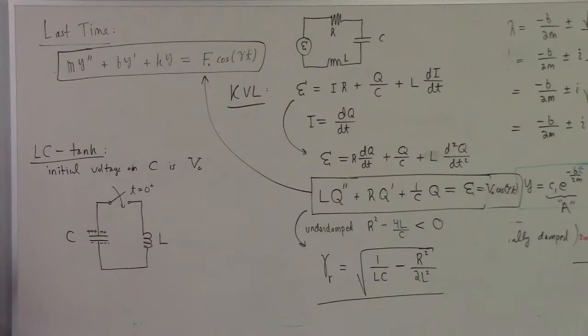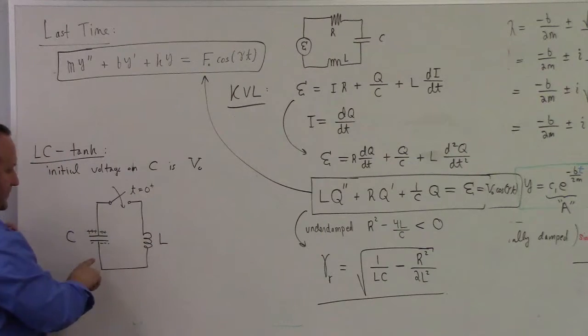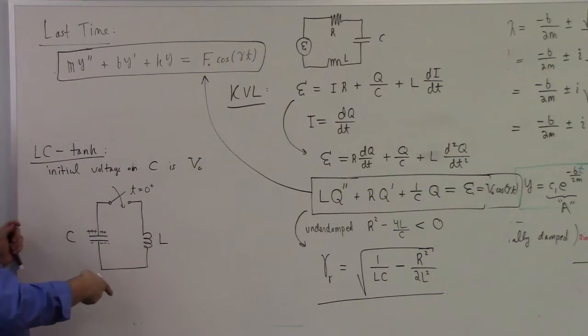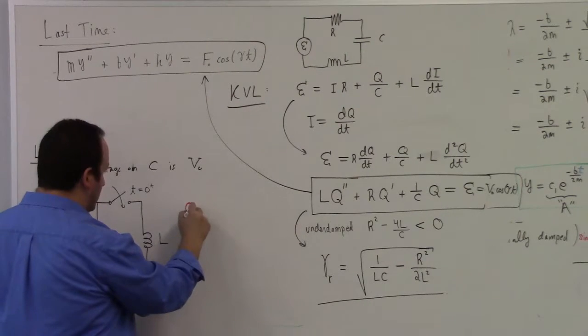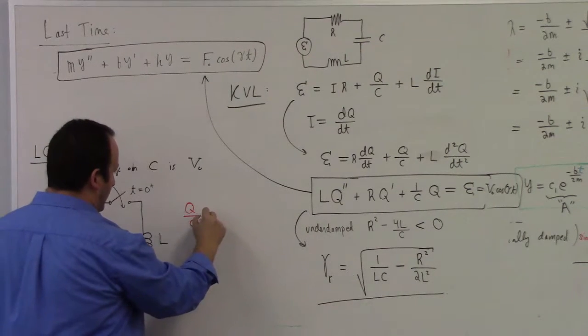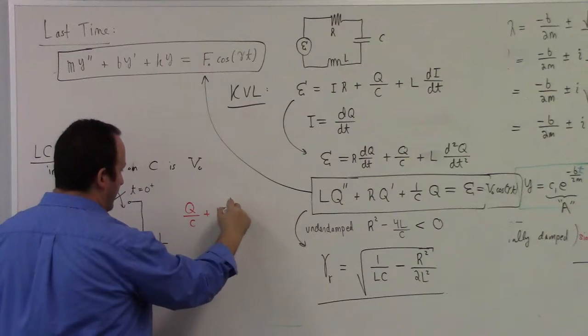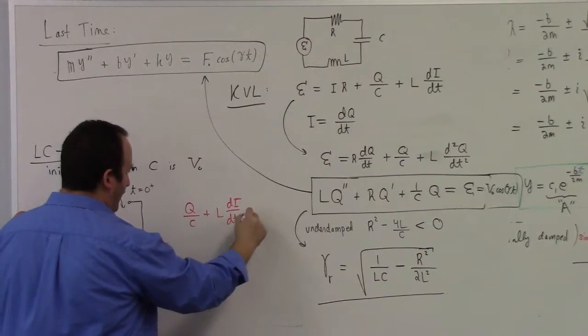Well, let's see. First of all, Kirchhoff's voltage law, which is really just conservation of energy, charge, and so forth, says the sum of the voltages must go to 0 in the circuit. So here that is just Q over C plus L di dt equals 0.